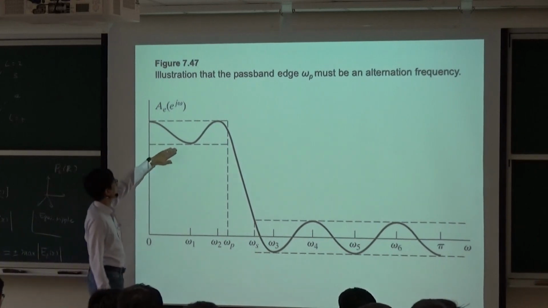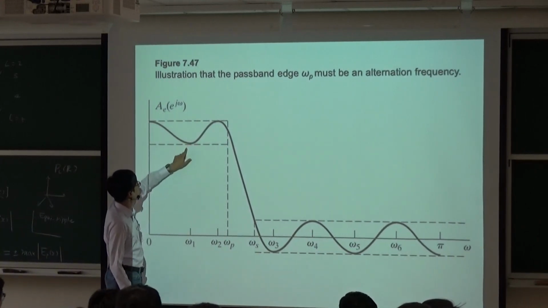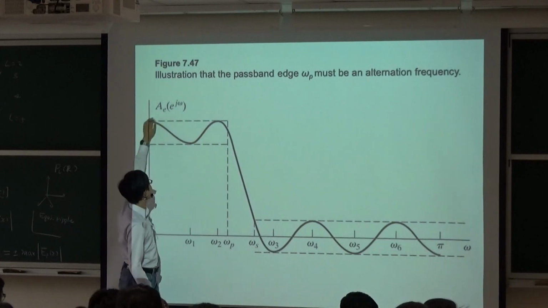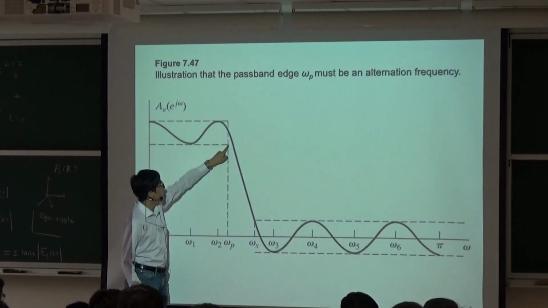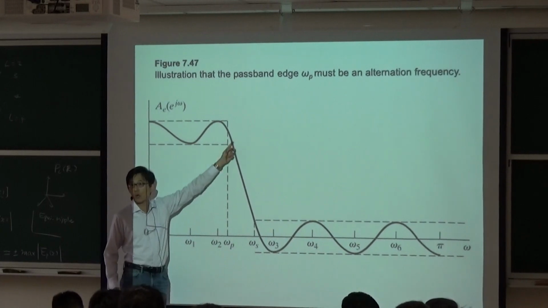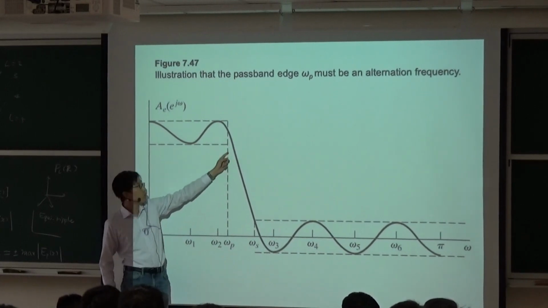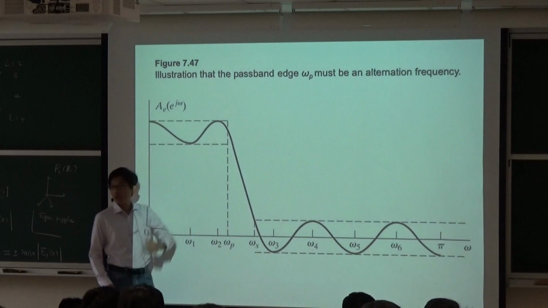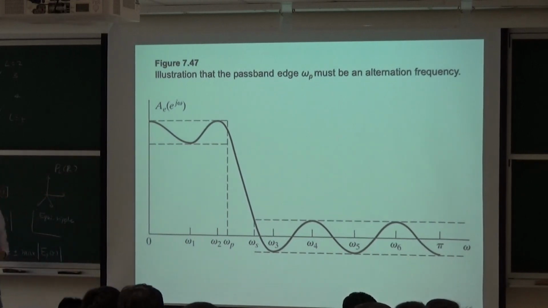Maybe you can further squeeze this extremum up and pull these two down a little bit so that it exactly passes through the corner frequency. That's what I want to point out. This means room for improvement. Any comment on this slide?